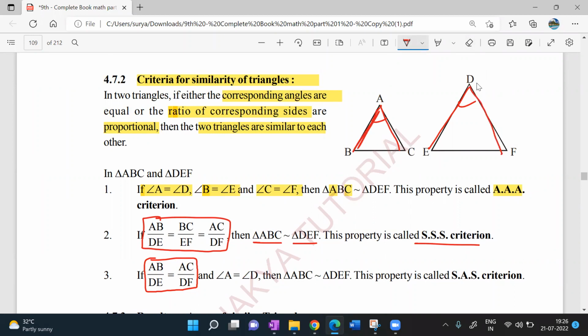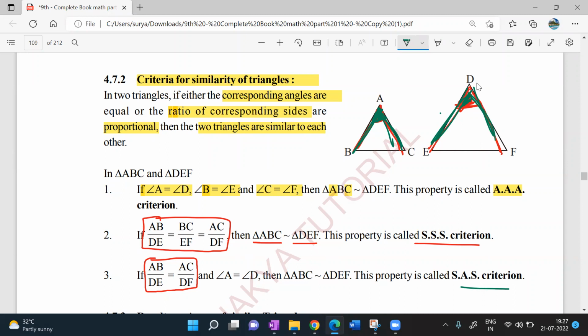This side, this side, and this angle between them, if they are equal, then this follows the side, angle, side criterion.